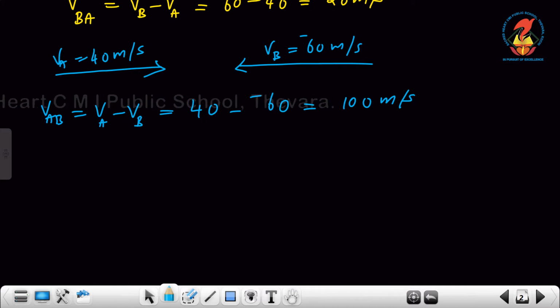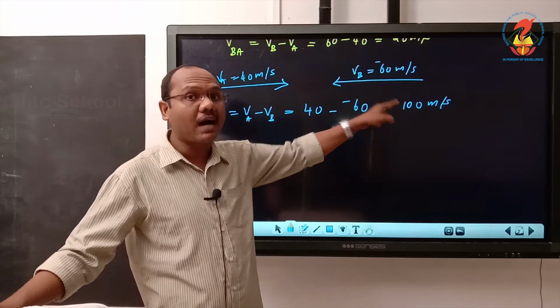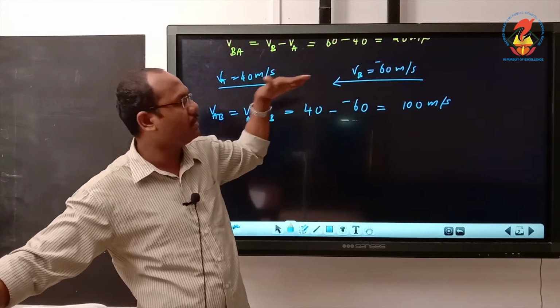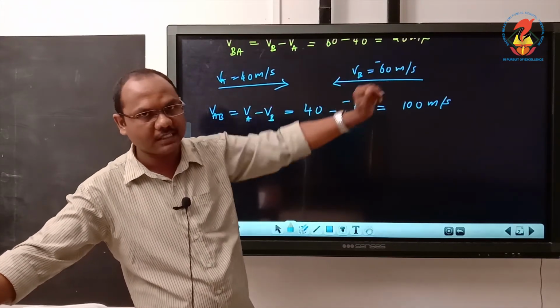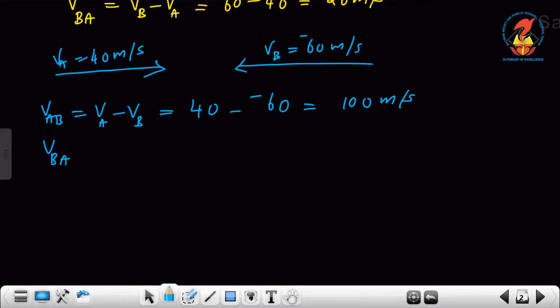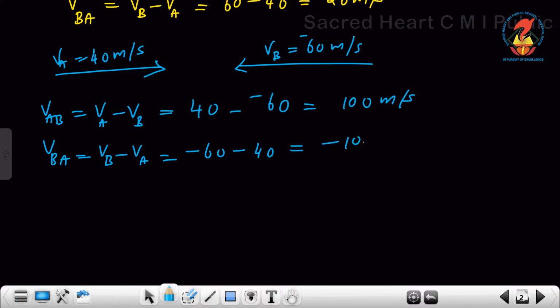So the second body will think that the first body is moving with a speed of 100 meter per second in the forward direction, that means towards the right. Now what is VBA? VB minus VA, so minus 60 minus 40.